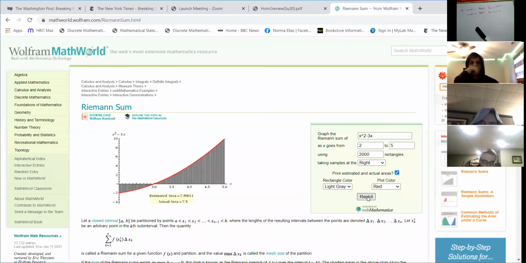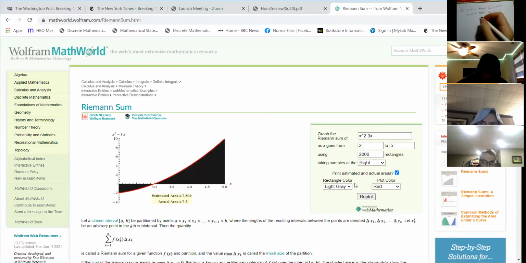I hope it can compute it, because the plot got stuck. So it means that the integral itself should hover around 7.6, 7.5.